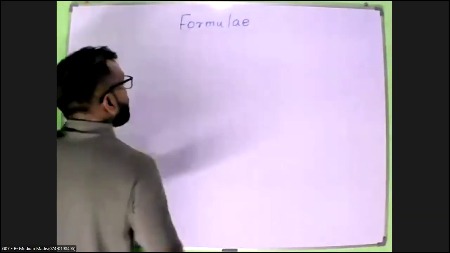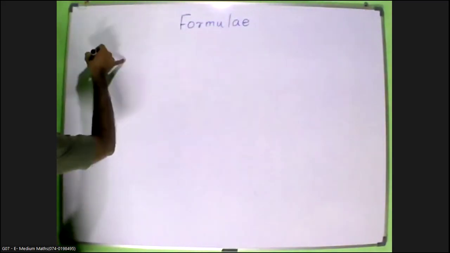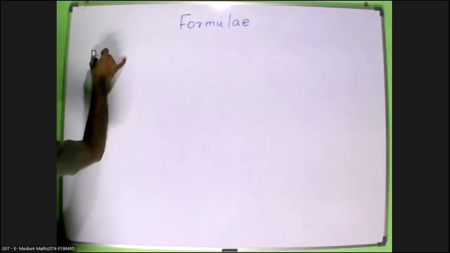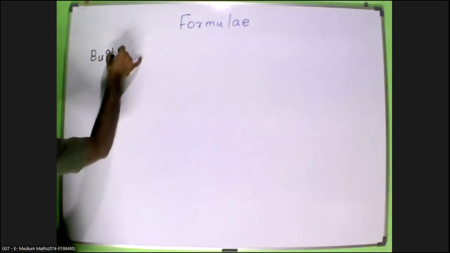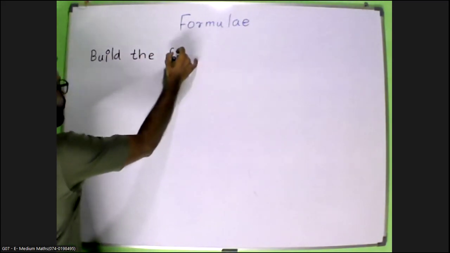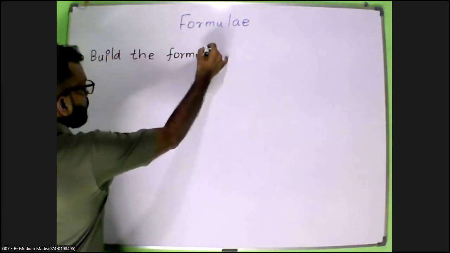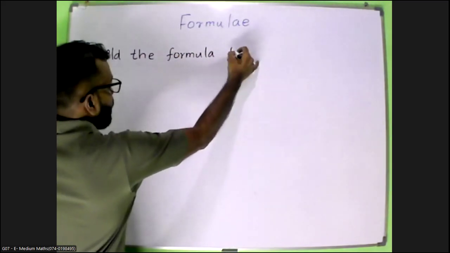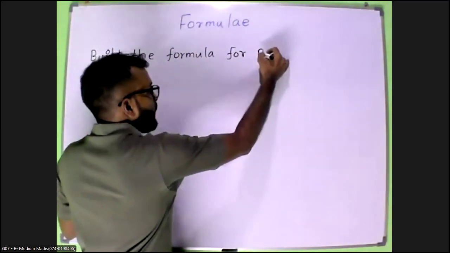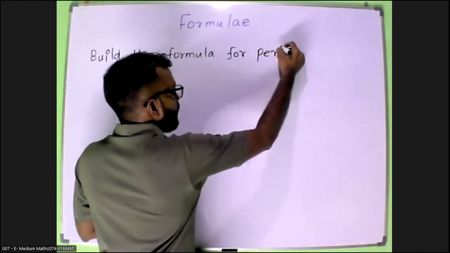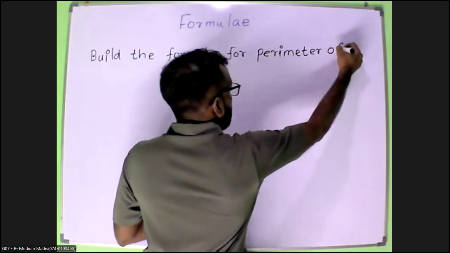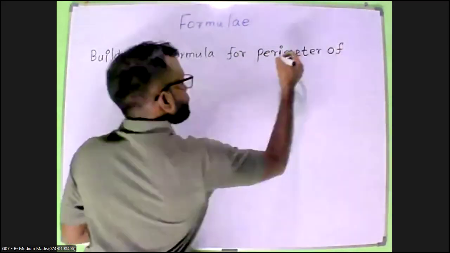Let's build the formula for the perimeter of a square.